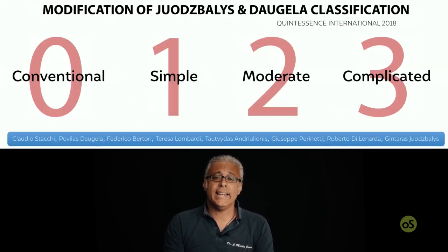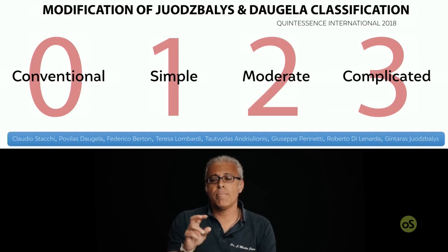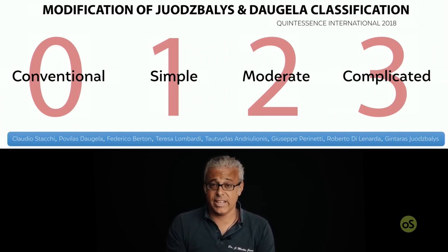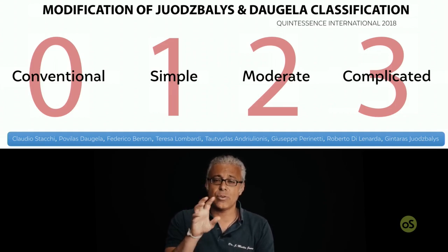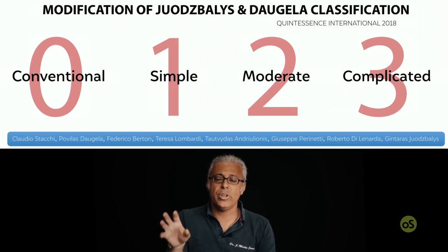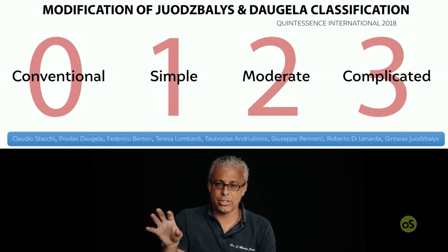But in 2018, Dr. Stacchi published an interesting classification, which is a modification of the Jubalas and Daugela classification, which was presented in 2016. And this gives us a risk assessment regarding the position of the tooth, and it focuses on 6 parameters.